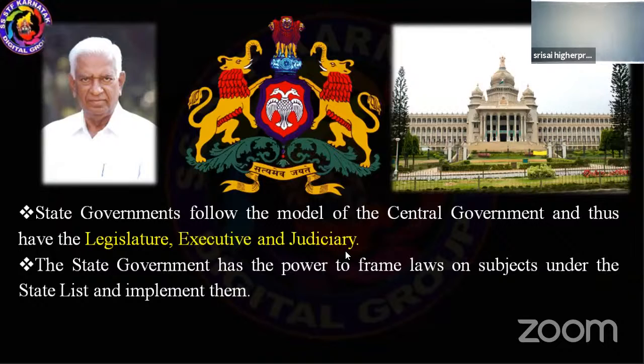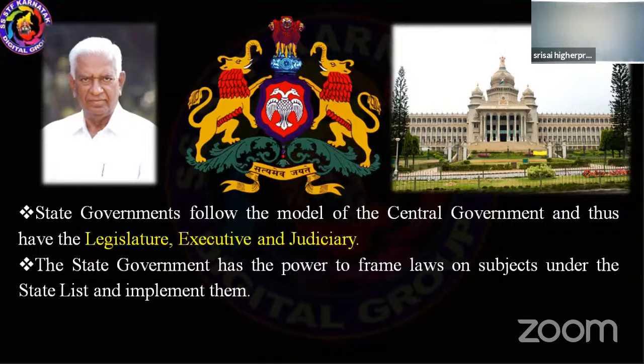Not only the Karnataka state government, all the 28 states in India have these 3 organs of government: legislature, executive and judiciary. Another one is the media, the 4th pillar of democracy. Including that, all 4 are called pillars of Indian democracy.